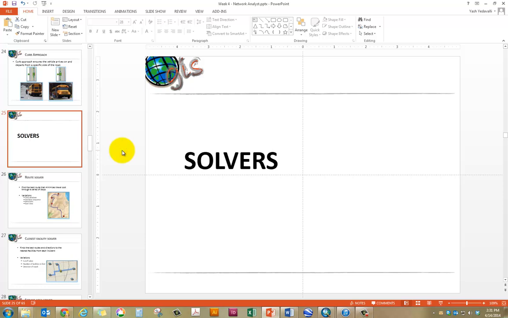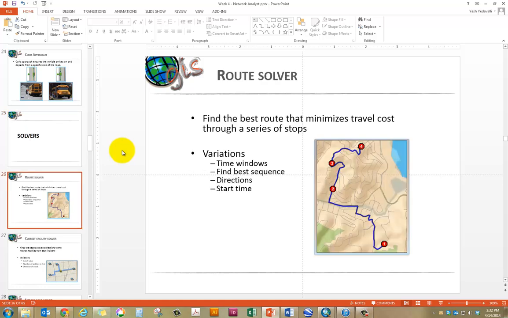So let's talk about solvers. When you talk about network analyst, the main thing that you'll be using as a real estate analyst or a research analyst or a property manager, whatever it is, is the solver. You won't be worried too much about creating these datasets, but use these datasets to actually solve a problem you might have. So one of the solvers is the route solver.